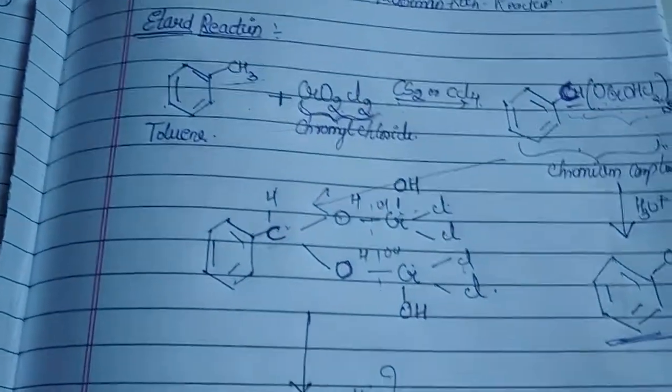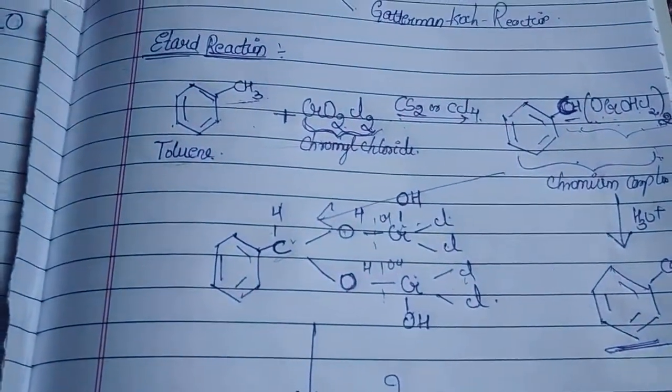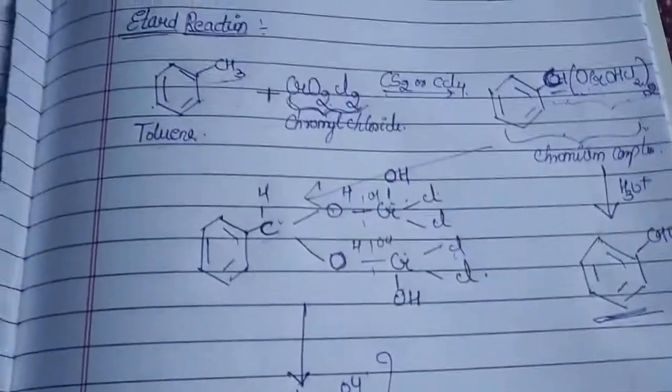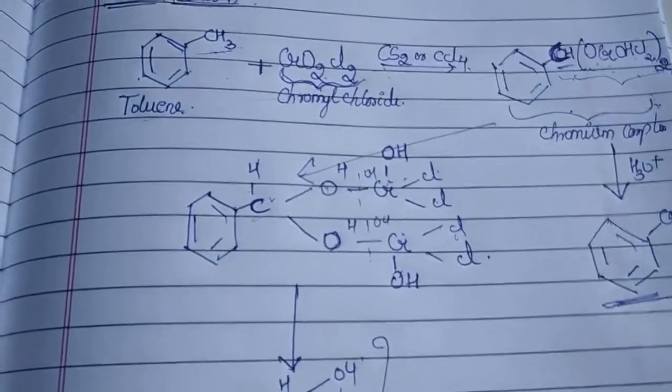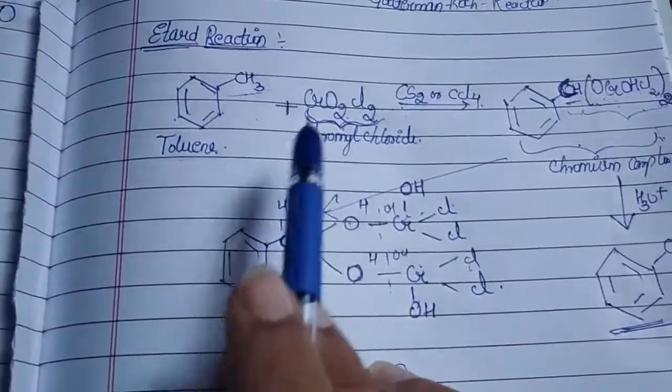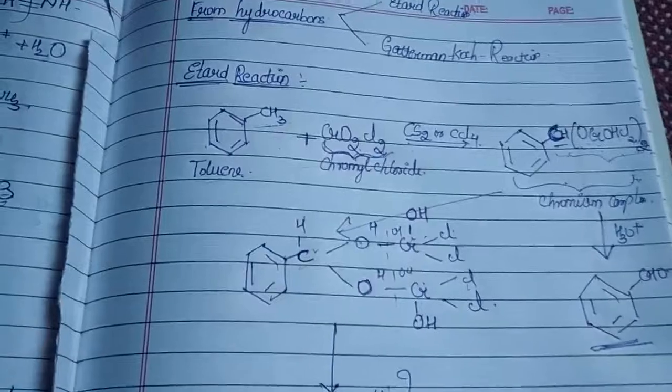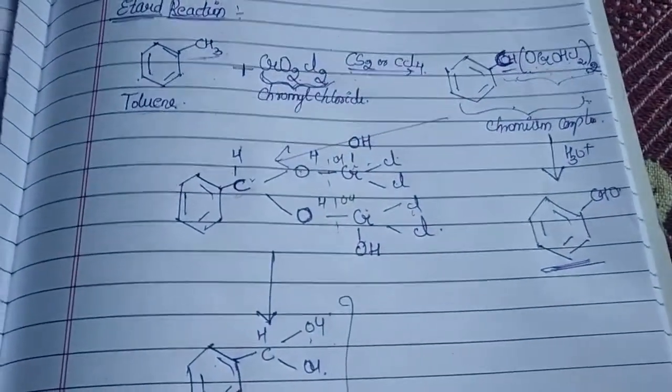Then on acid hydrolysis, you will be getting your respective aldehydes. So that is one of the main uses of chromyl chloride, which has the formula CrO2Cl2. Is that clear? So it's a conversion of toluene to benzaldehyde.